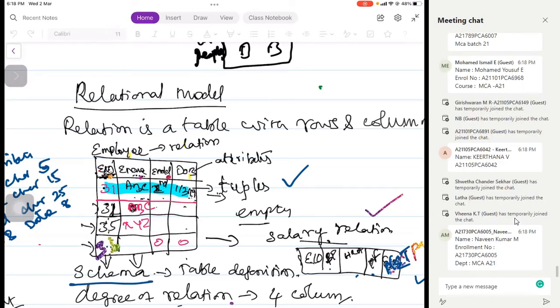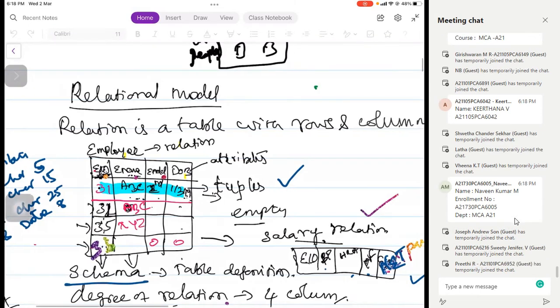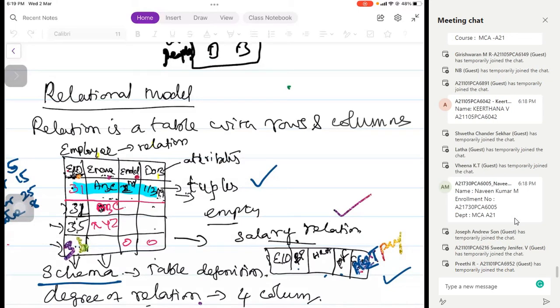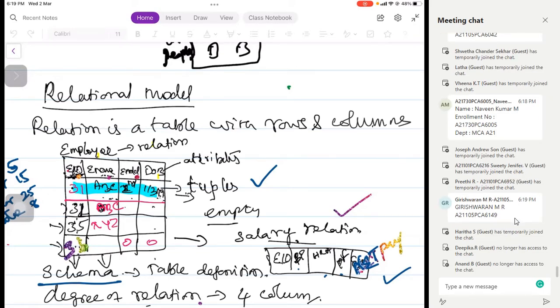A relation is a table with rows and columns of information. So before you study the different models, what is the basic thing? How can you store it in one place?